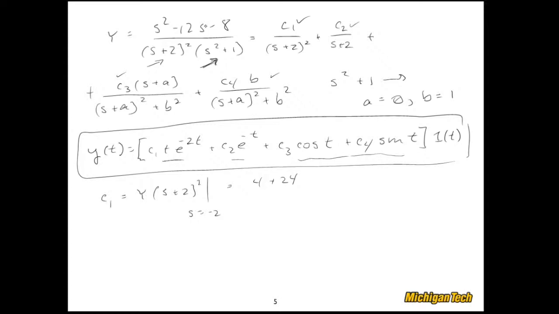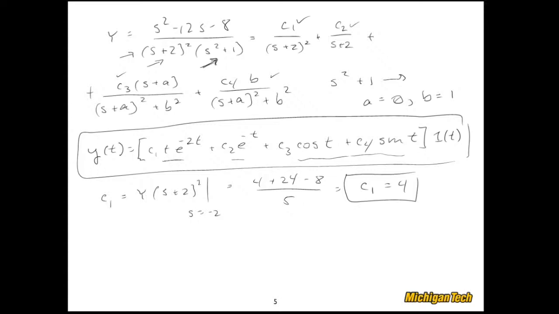And then what else do we have? A minus 8. And it's divided by, if we remove that and let s equal negative 2, we get 5 here. So 28 minus 8, that's 20 over 5. So C1 is equal to 4.